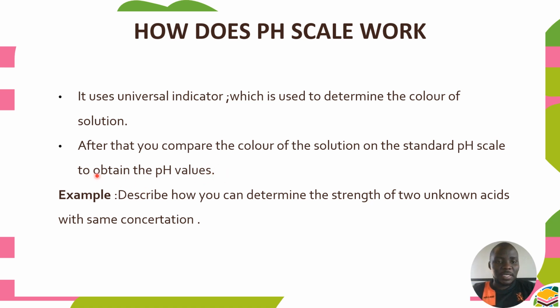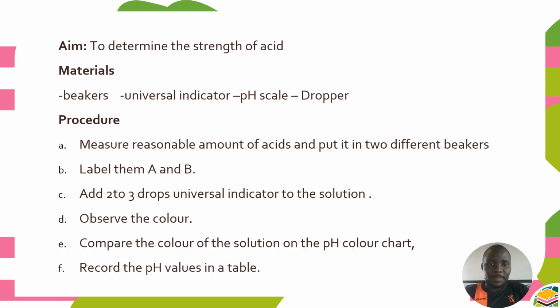So let us look at an example. Describe how you can determine the strength of two unknown acids with the same concentration. We want to know their strength. The aim of the experiment is to determine the strength of acids. Materials that we need: beakers, universal indicator, a pH scale, as well as a dropper.